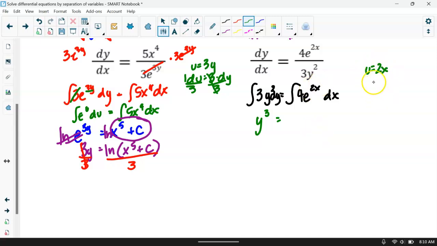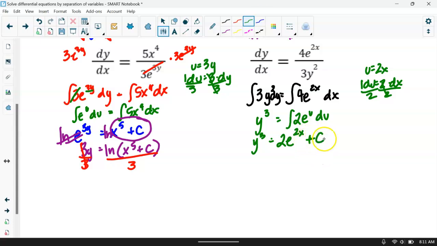U was 2x, so the derivative here is 2 times dx. Divide by 2. So now we have 1/2. Well, 1/2 of 4 is 2. So I've got 2e to the u with respect to u. So y cubed is equal to 2 times e to the 2x plus c.